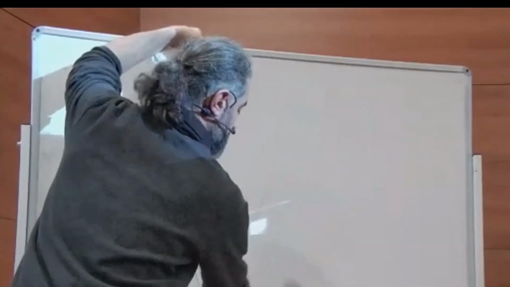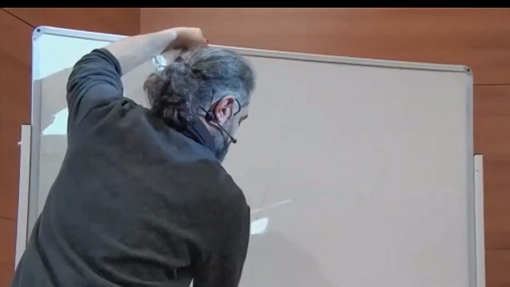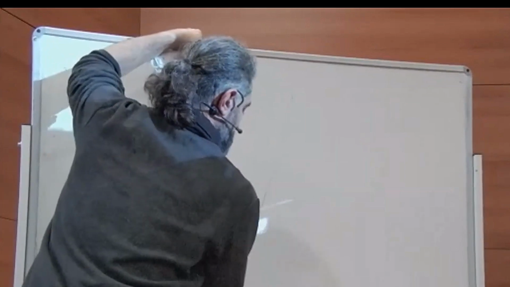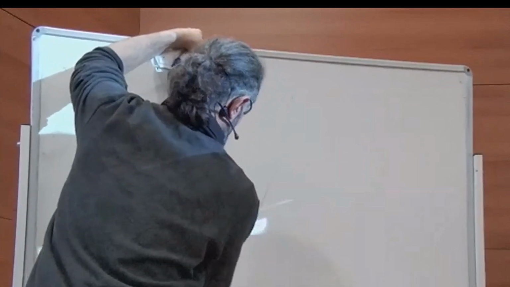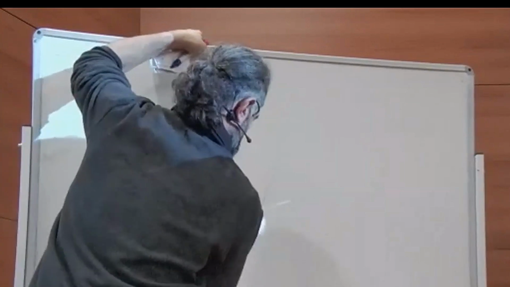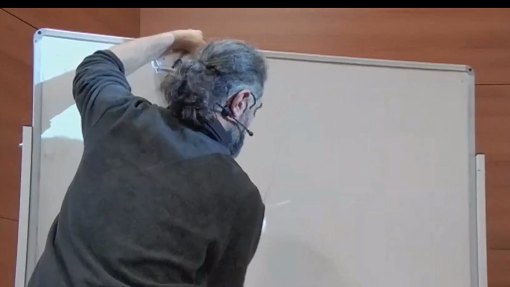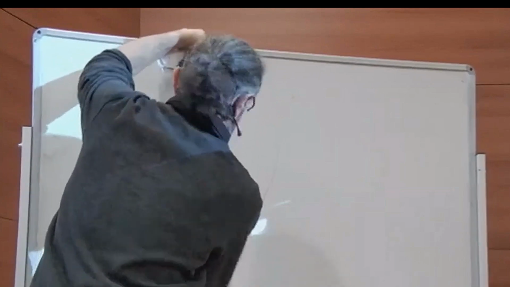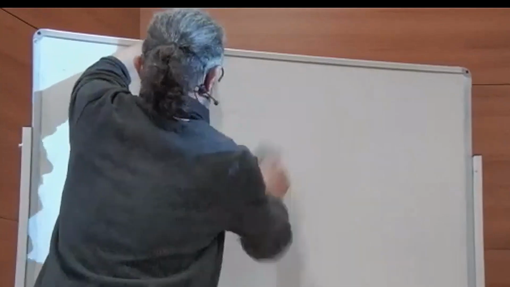So our particle is moving in a Newtonian space along a trajectory parameterized by the universal time parameter, Newtonian time, in classical mechanics.